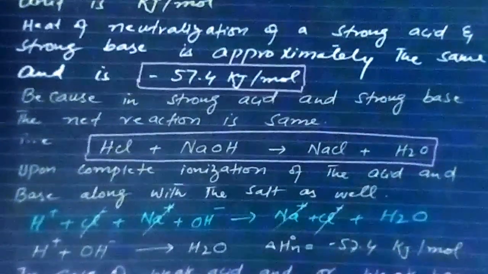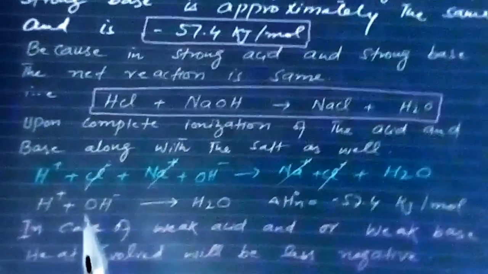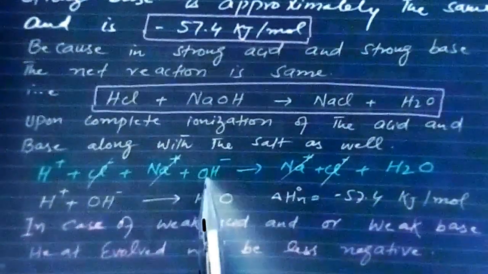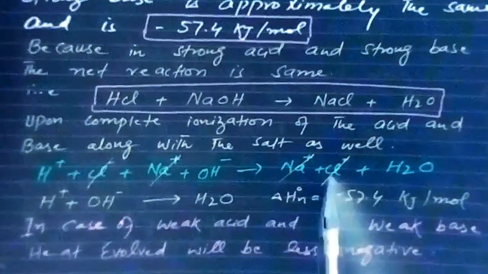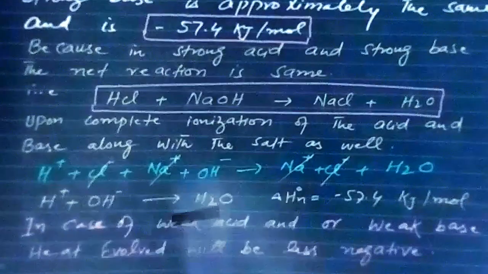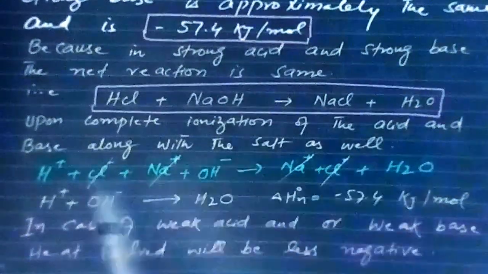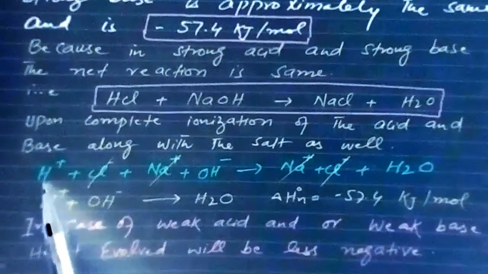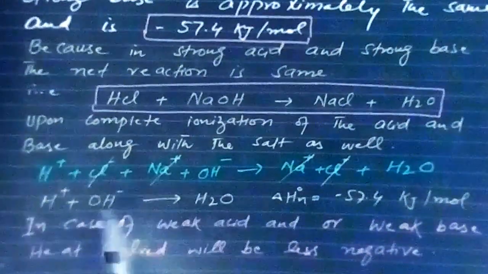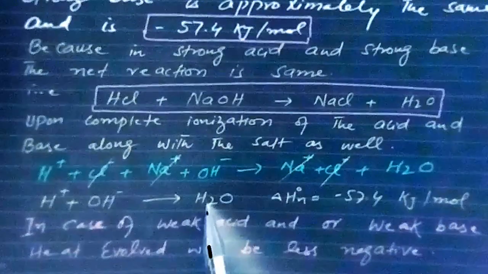For example, if you split the ions, hydrogen and chloride ions, sodium ion and hydroxyl ion, along with Na and Cl along with water, the sodium ion on this side will cancel with this side, the chloride ion from right will cancel with left, and the only things remaining are hydrogen ion and hydroxyl ion at the reactant side, and at the product side water is present.